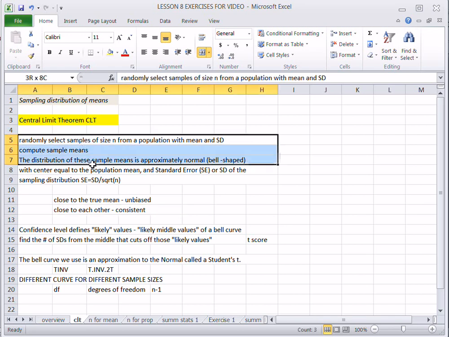So the central limit theorem says that we basically have a bell-shaped curve where the middle is the real population mean.